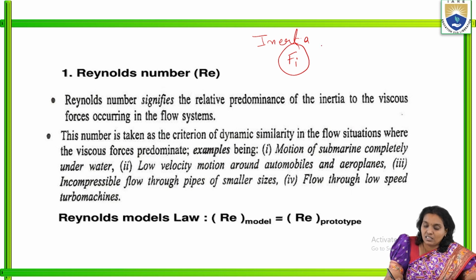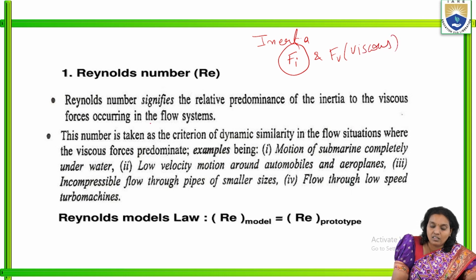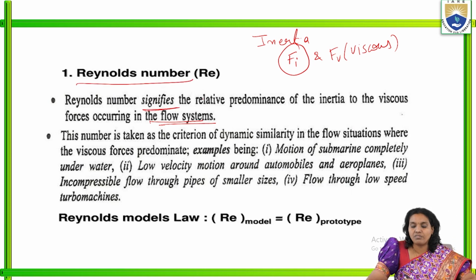Inertia versus viscous forces occurring in a fluid system. This Reynolds number signifies the relative prominence of the inertia to the viscous force occurring in fluid systems.